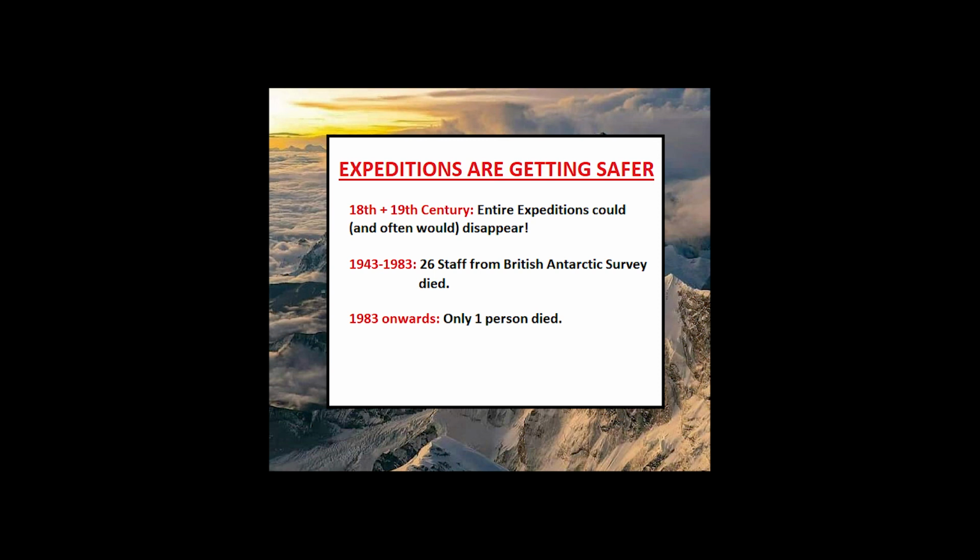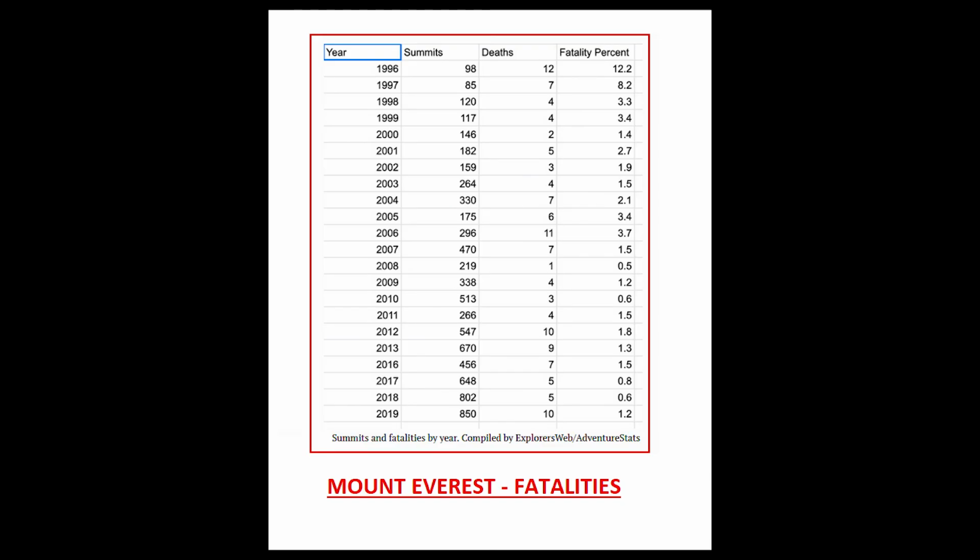And statistically, if we look at the death rate on Everest, back in 96 the fatality percentage was 12.2%. As mentioned earlier, that was a year highlighted as being particularly bad. But even if we look at the percentages in 1997 and 1998, 8.2% and 3.3%, and compare that to now, even until 2019, which was highlighted as a very bad year, the fatality rate of those attempting Everest was actually 1.2%.